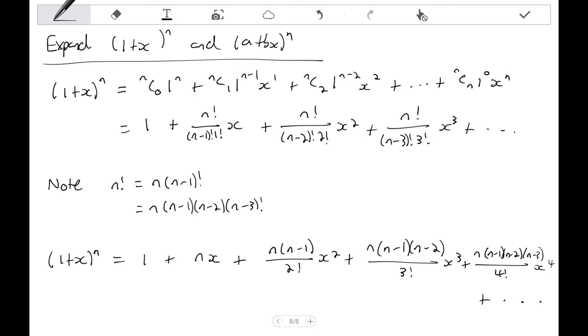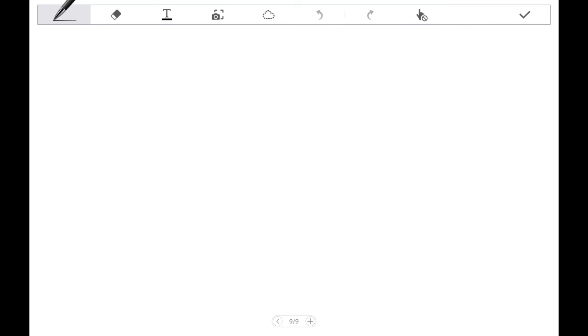Hopefully you can see the pattern there. You just end up with another bracket on top, and it's n minus the next number. Okay, good. That is the expansion for 1 plus x to the n.